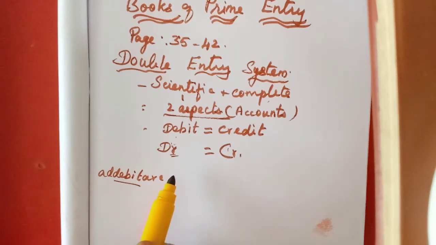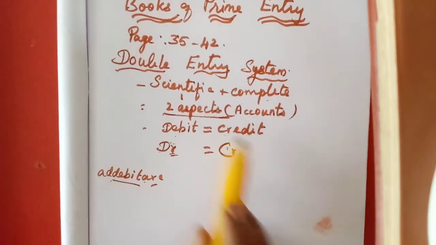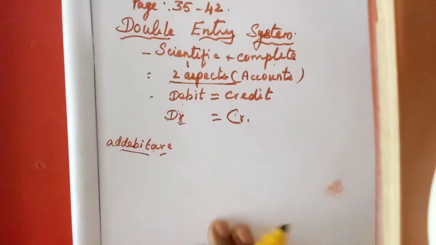So here that R is there. That's why they have used that R, Dr, for debit. Then credit is written like this.